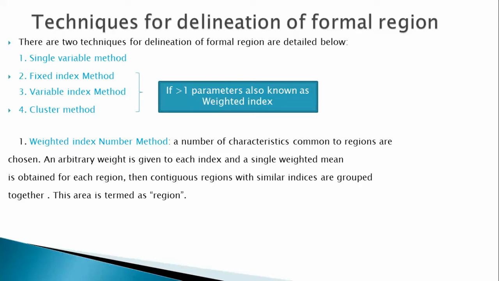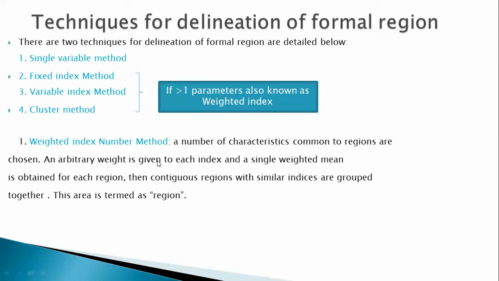Generally, there is more than one variable. So for that come these other methods. When the parameters or variables are more than one, it is called the weighted index method. Now in a weighted index method, as I have said, a number of characteristics which are common to the region are chosen.